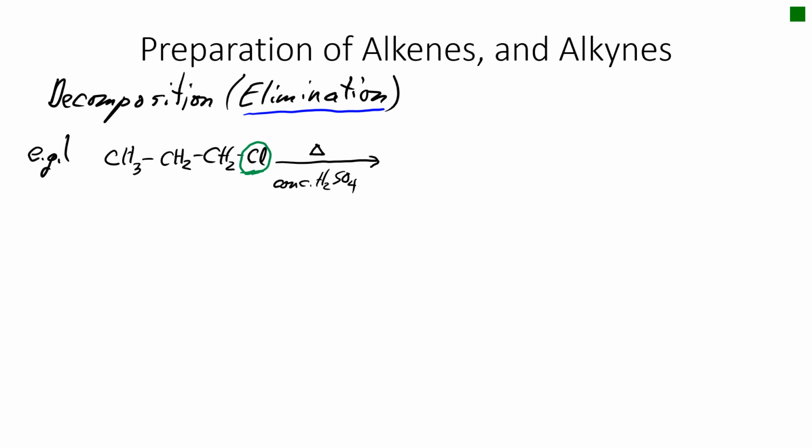Now, when the chlorine comes out, it's going to bring a hydrogen with it. So the chlorine comes from there to there. We cannot take a hydrogen off of the same carbon, because then that carbon would be short 2 bonds, not 1. So we've got to take a hydrogen out of here.